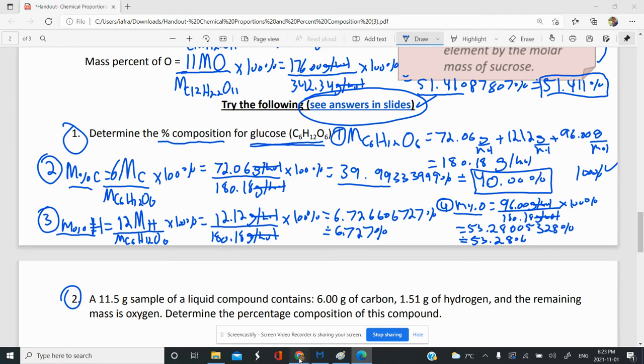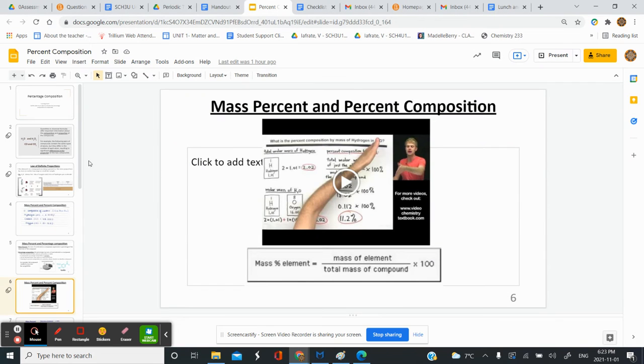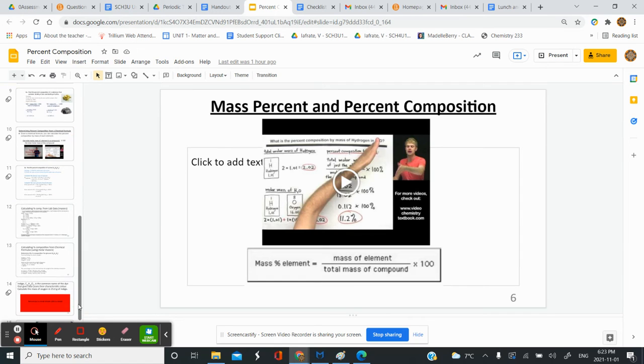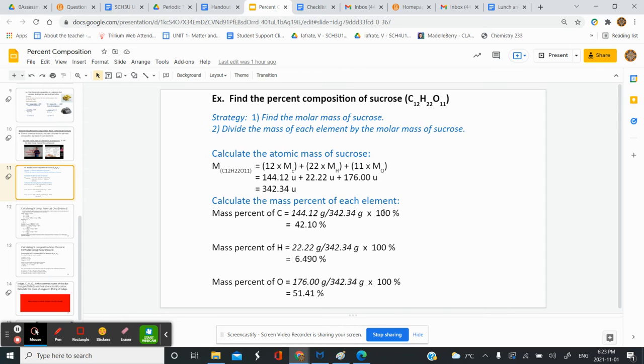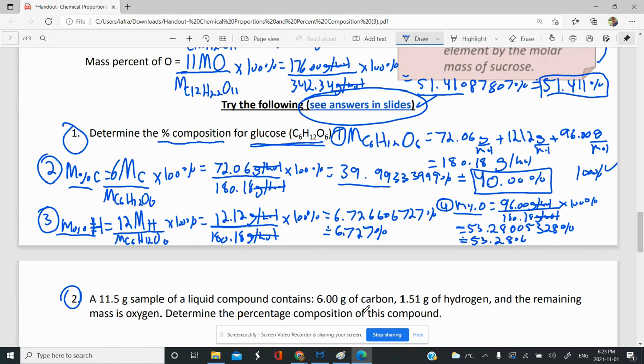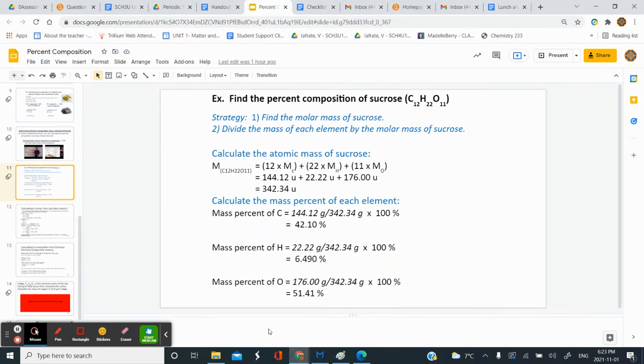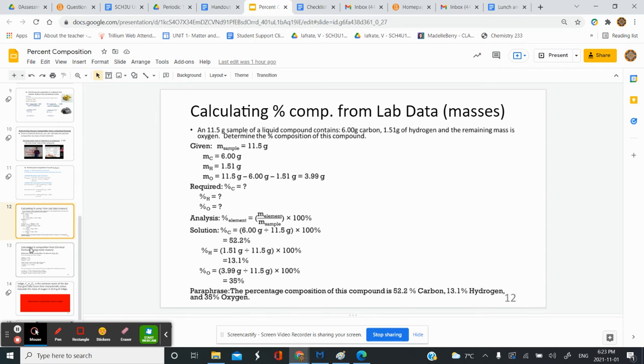You could also check by going to the slide deck here. And if you go to the slide deck, you'll see the sample problem with the glucose over here. We got 51.41, 6.490, and then 42.10, which is roughly what we would expect. Let's just make sure I did that right. So this was for sucrose. We wanted glucose over here.